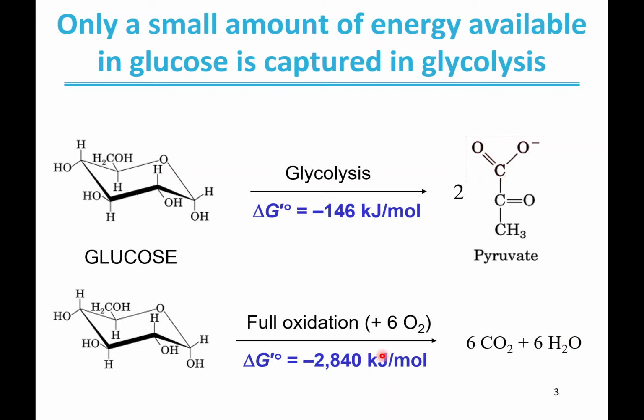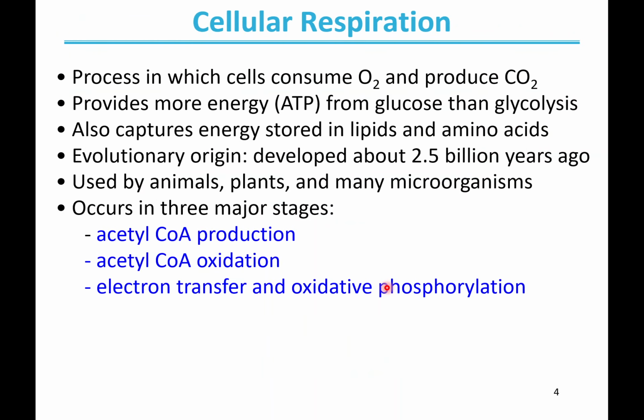That delta G is a really large negative value. So we're only getting a small amount of the energy out of glucose by converting it into 2 molecules of pyruvate. So there's more energy left over in those molecules of pyruvate.